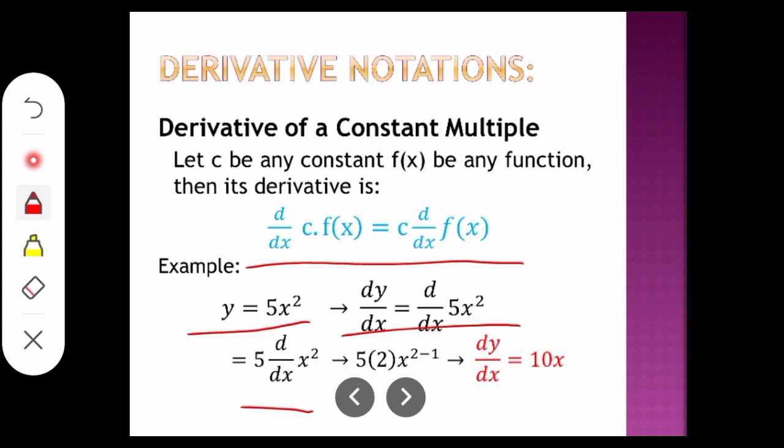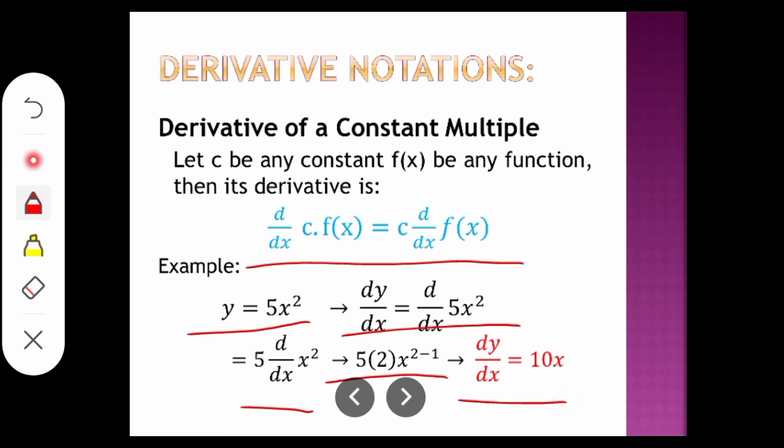Since the derivative of x squared uses the power rule, we get 5 times 2x raised to 2 minus 1. Then 5 times 2 is 10, and x raised to 2 minus 1 is x.